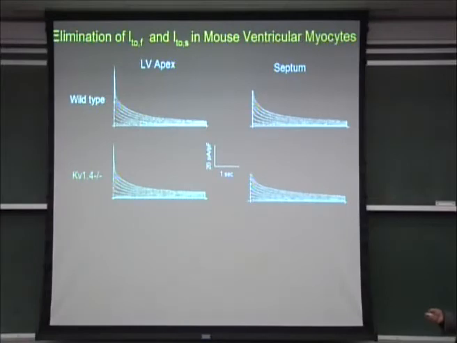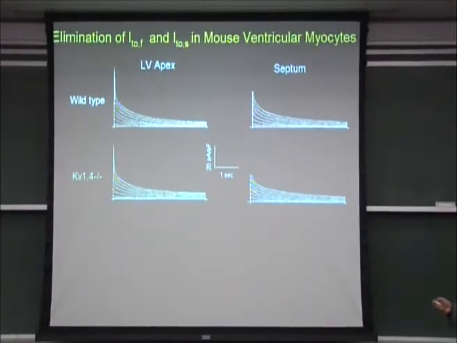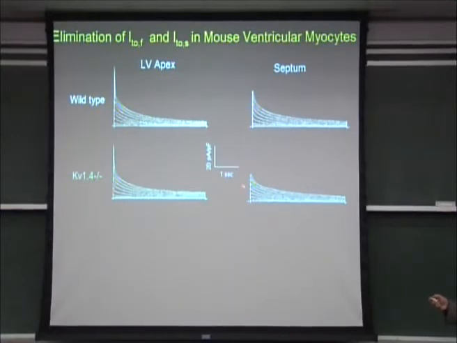So these are recordings from the 1.4 knockout myocytes, again from the apex and the septum. It's a little bit difficult to see, but I think you'll be able to see it more clearly in a moment. But the slow transient current, when you analyze these records, is gone from the septum. There's no detectable effect of the knockout of 1.4 in the apex.